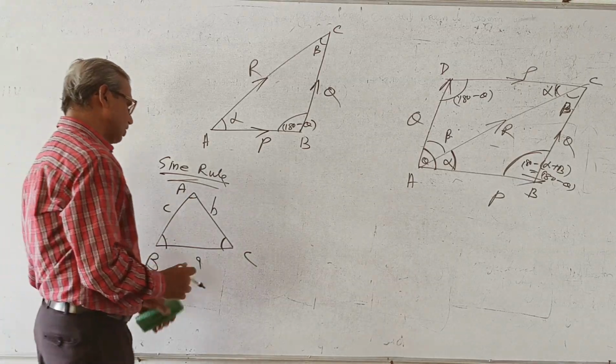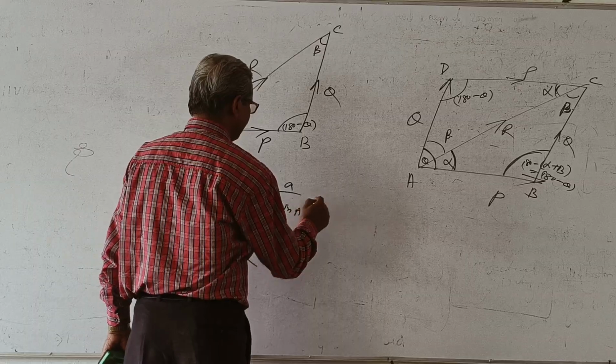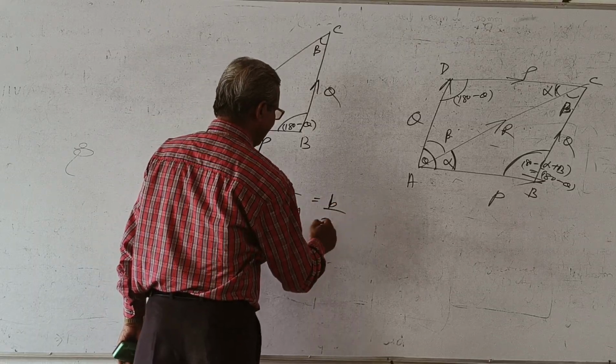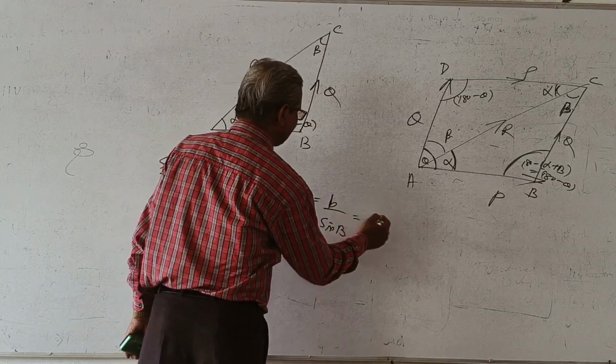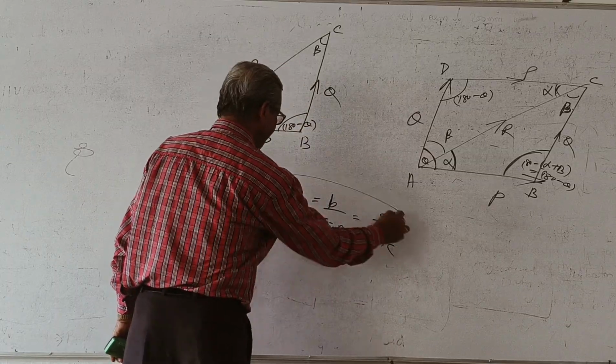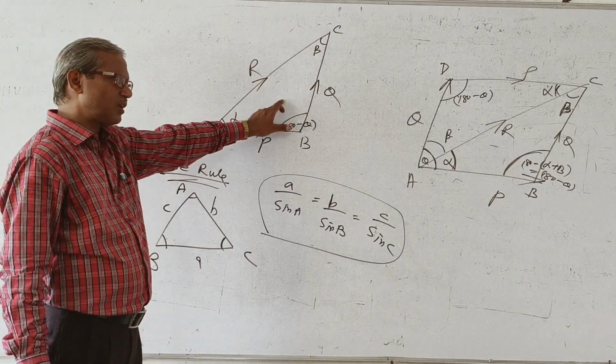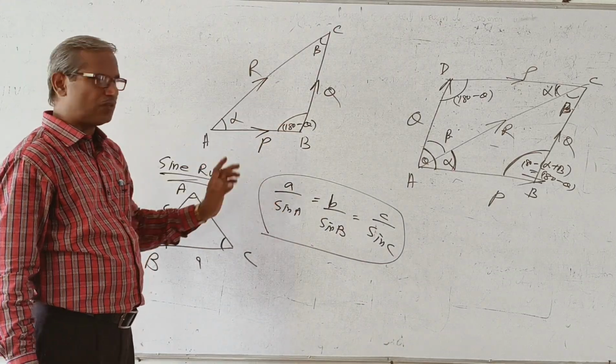What is the sine rule? a by sin A, b by sin B, c by sin C. We apply this rule here, in this triangle.